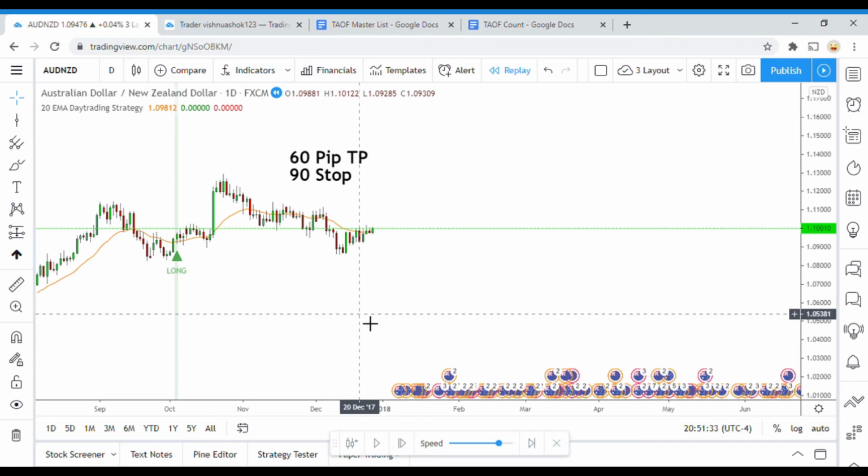Now, the creator said that it was able to achieve around a 60% win rate. And so, of course, we're going to put that to the test. It is a 20 EMA price action cross when we get right down to it.